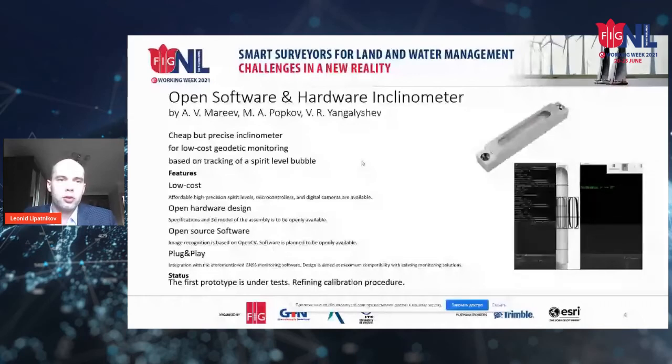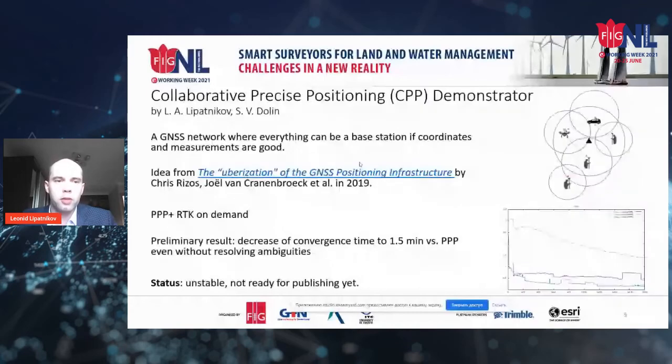And another project, the third one, which is done by Sergey Dolin, and I'm his research supervisor. He's a master student right now, PhD student. Actually, we try to implement an idea proposed by Chris Rizos and Joel van Cranenbroeck in 2019 at FIG Working Week.